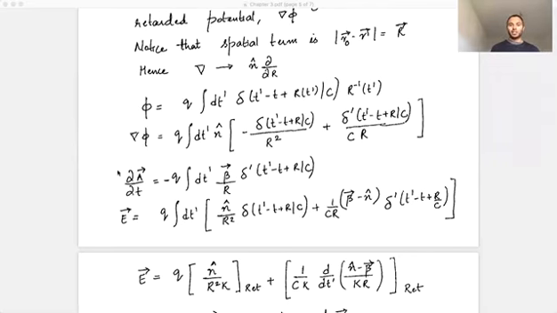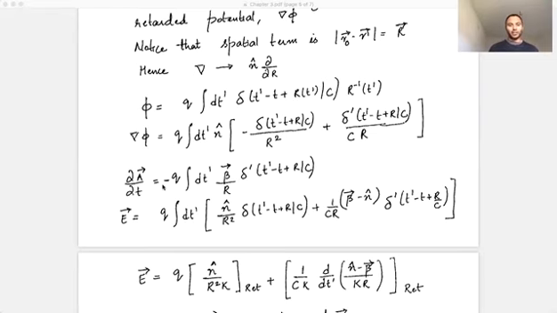Now the other term which is going to enter the electric field is dA by dt, right? Because the electric field was minus gradient of phi minus 1 over c dA by dt. And so let's do the time derivative now. So instead of the spatial derivative, we are going to take the time derivative, but this time of the vector potential.